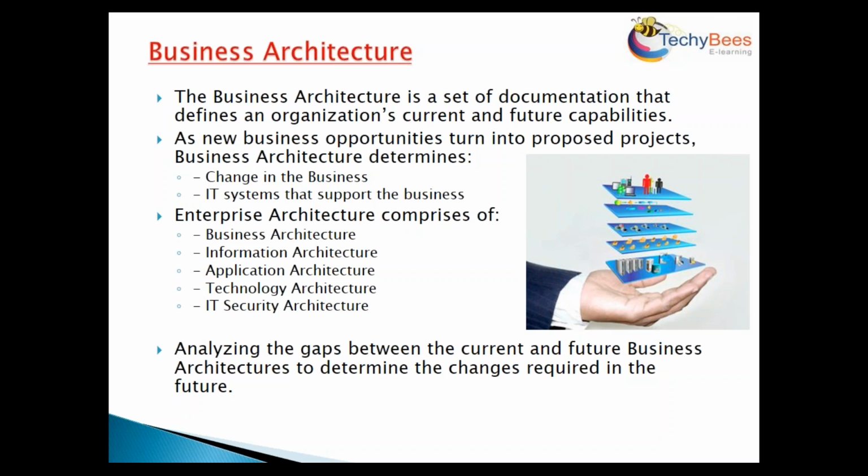Now we have big data. In big data, what happens? You have semi-structured and unstructured data. So in big data, you have Hadoop, Hive, Spark, Flume. So many technologies are there in big data. Why do you need big data?